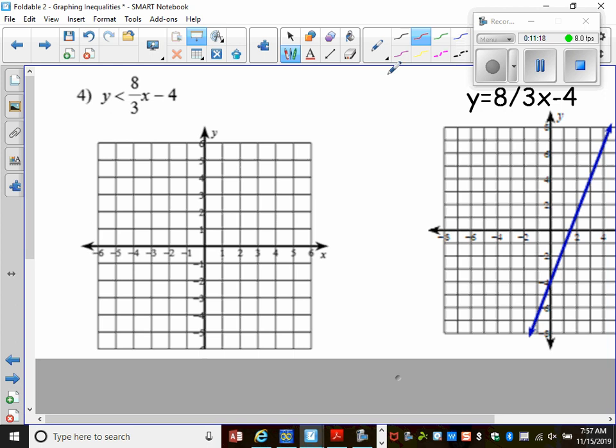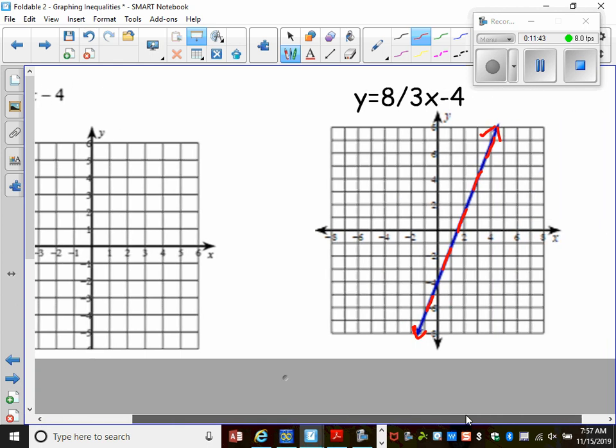This should be a dashed line, so I'm just going to write over top of it. And which way do I shade for this one, since it's less than? Above or below? Below.